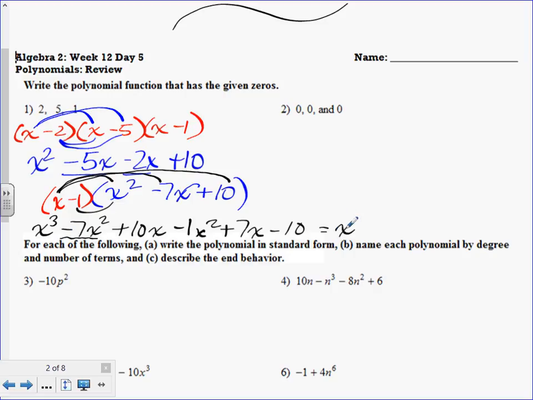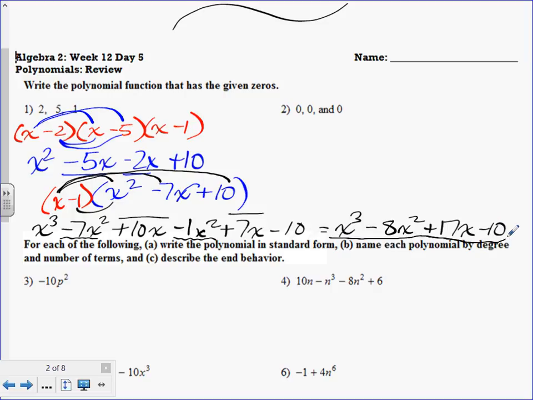So, x cubed, what's that combined to? Positive or negative 8? I just said that. If the signs are the same, add them and keep the sign. 10x combines with and minus 10.